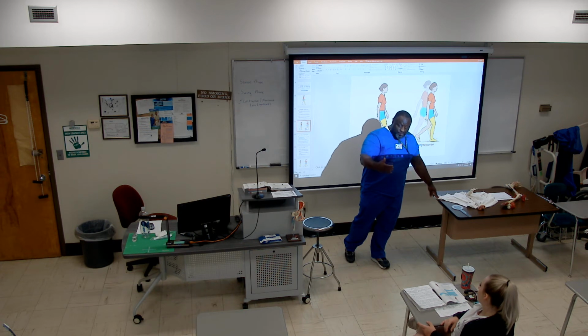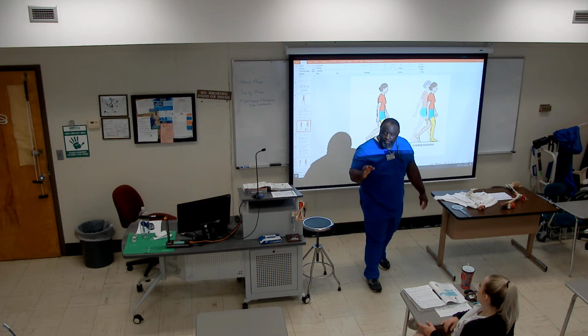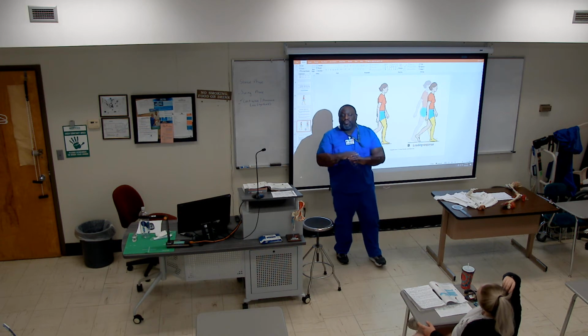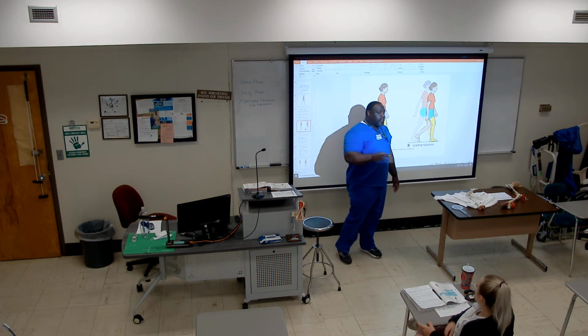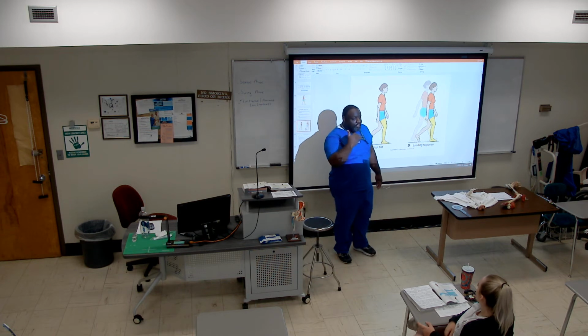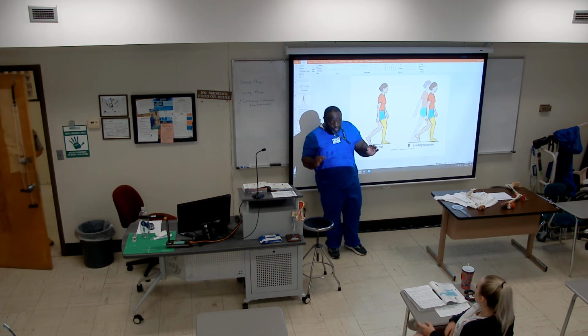Mid-swing pulls me from 10 to neutral. That's where I get foot clearance for the 1 centimeter that I need for swing phase. So mid-swing is the most vital component of tib anterior and long toe extensor dorsiflexion in swing phase. That's when I need it the most.